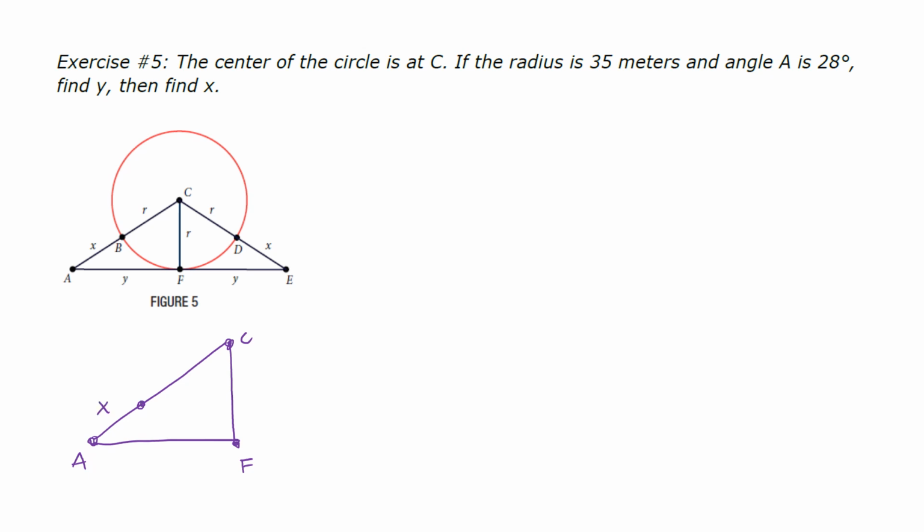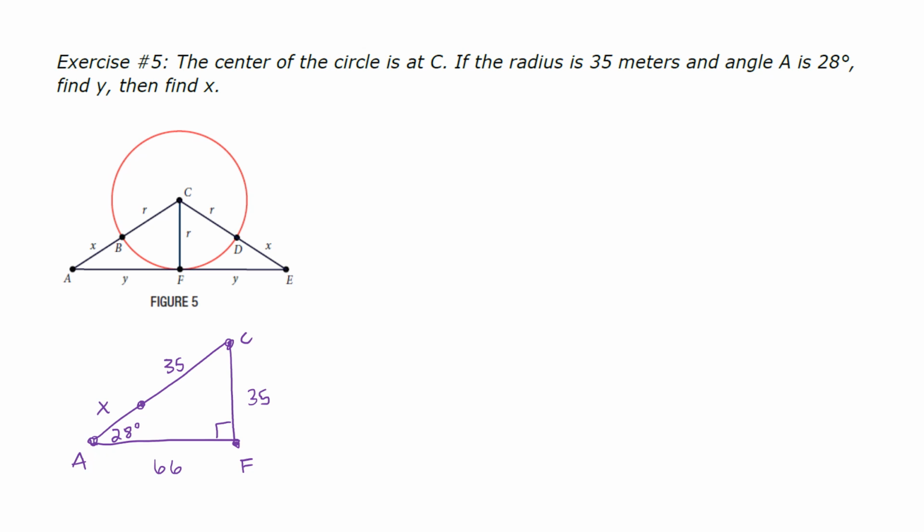Okay, we know that this is 66. We know that this is 28. We know that this is 35. We know that this is 35. Okay. And we know that this is a right angle. Alrighty. And we need to find x. So, to find x, we need to first note that x is a part of the hypotenuse of our triangle.